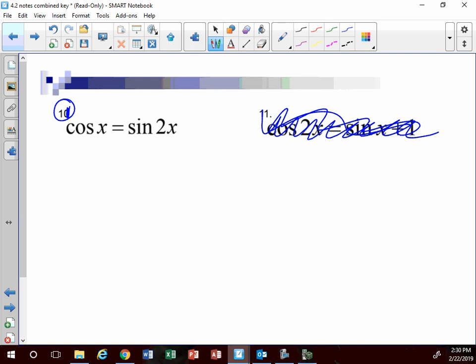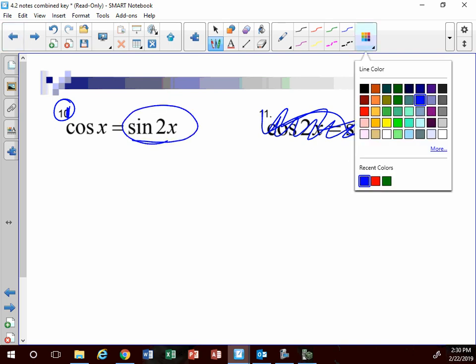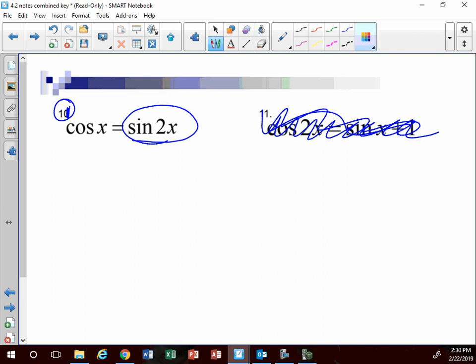No. Okay. Guys, I can't say when does sine equal cosine. I mean, you can kind of, but it's not like the other ones, right? Do you see how this looks different? Okay. So, do we know a substitution for sine of 2x? Sine x, sine x.